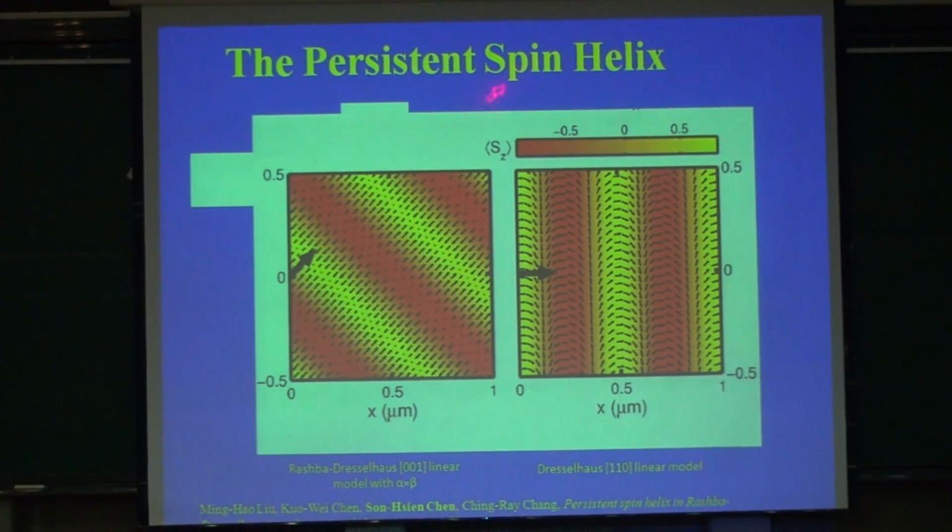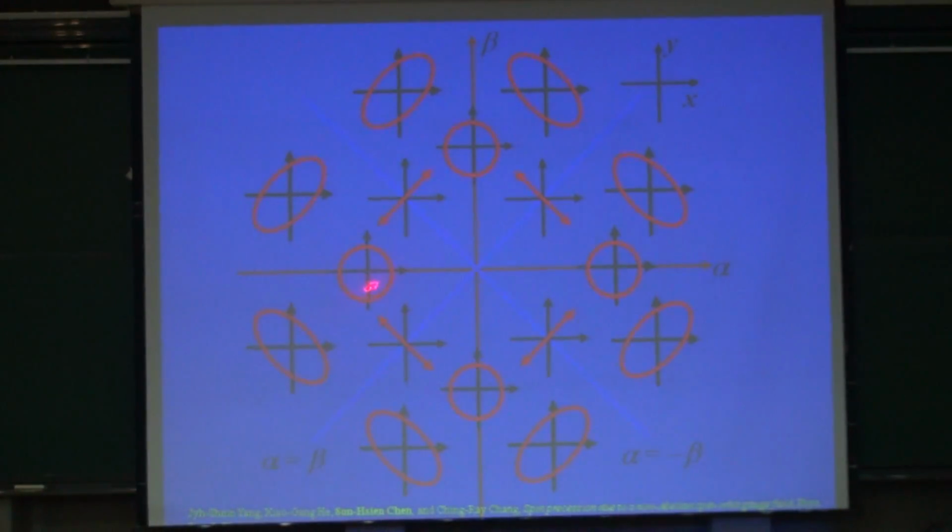Because when alpha equals beta, the structure suddenly behaves like this, striped and quite persistent. And if you see the whole thing, it is something like this. This is alpha equal to beta, in this way and this way.